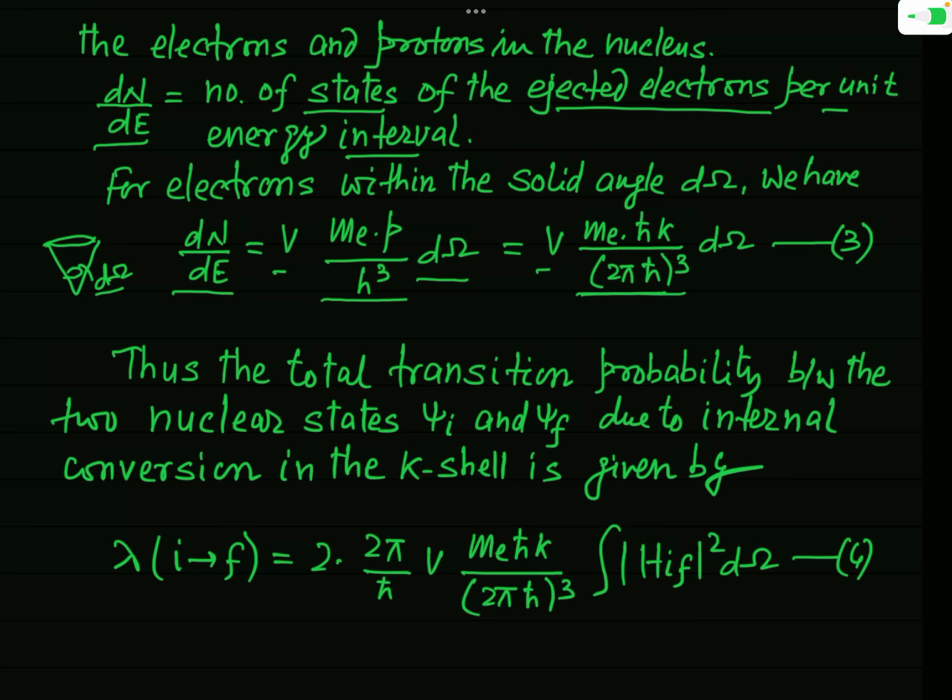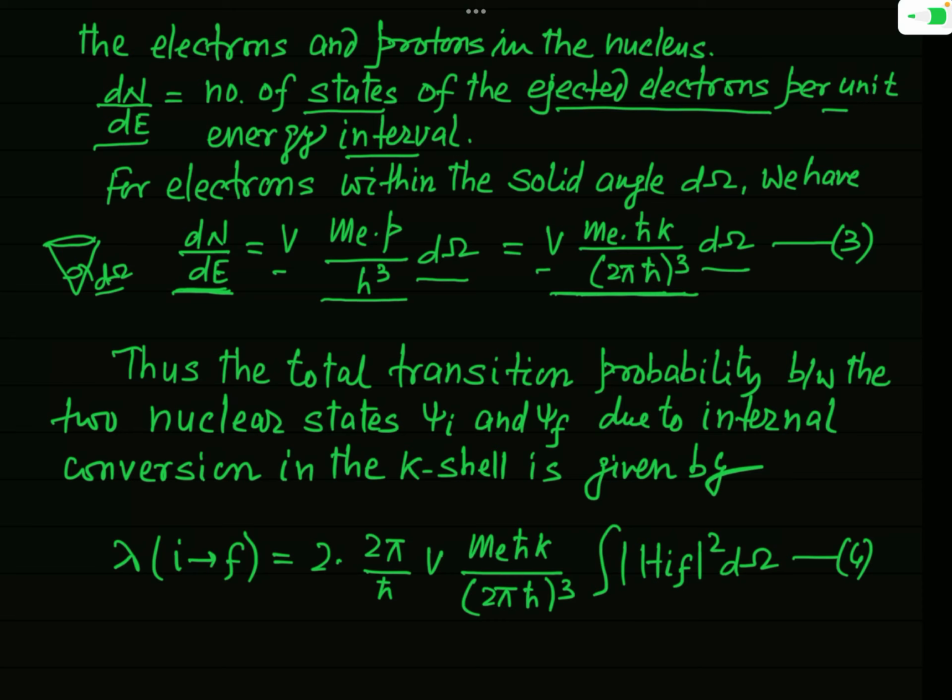So the number of states of these ejected electrons per unit energy interval, dn by dE, is given by V times m_e into h bar k over 2 pi h bar whole cubed times d omega.